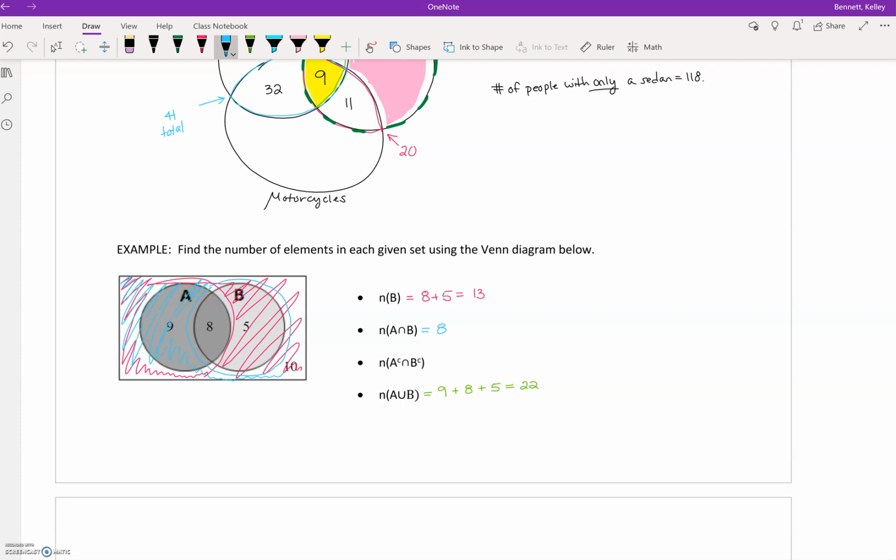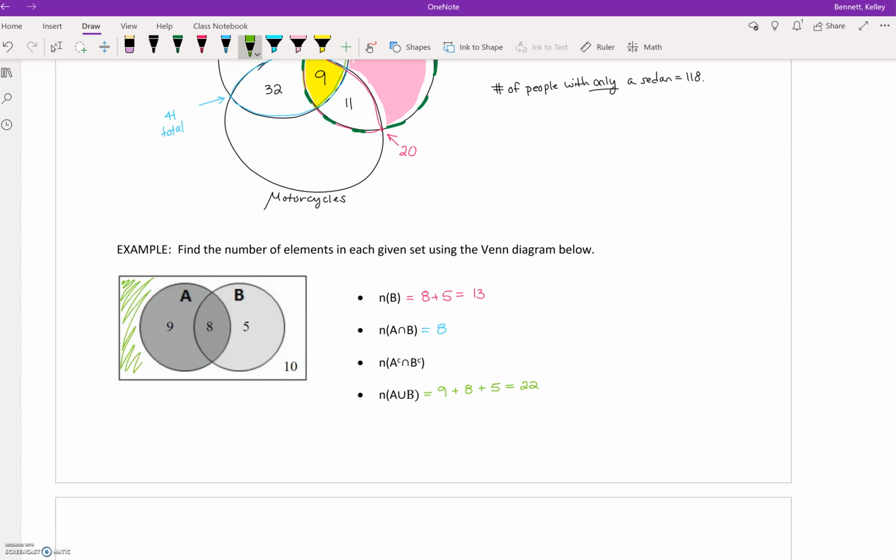This kind of looks intense, but bear with me. You have to think, where do pink and blue overlap? And if you look, you can see that they only overlap in the white outside bit. So not A and not B is this area here.